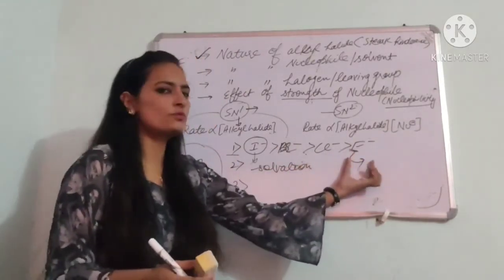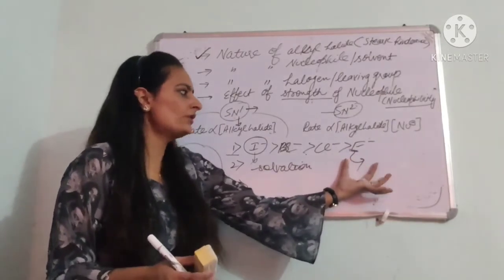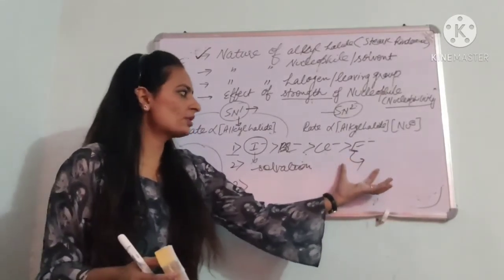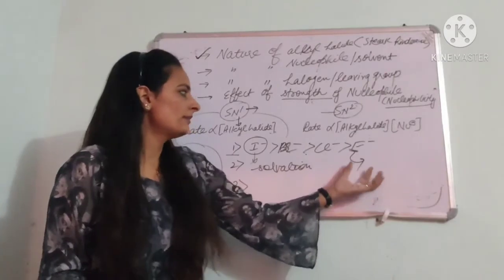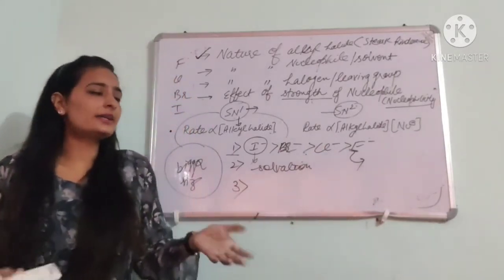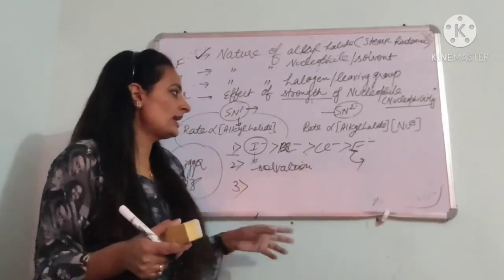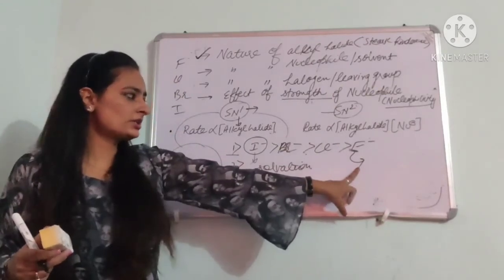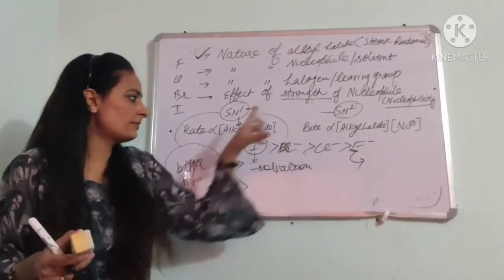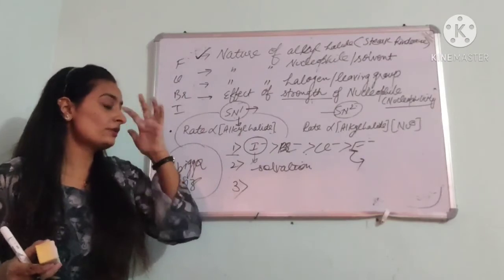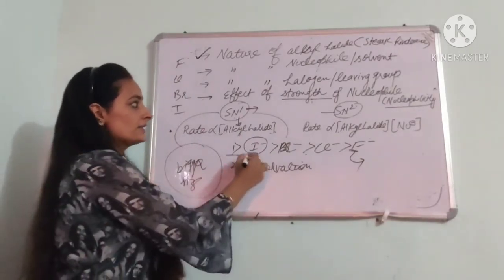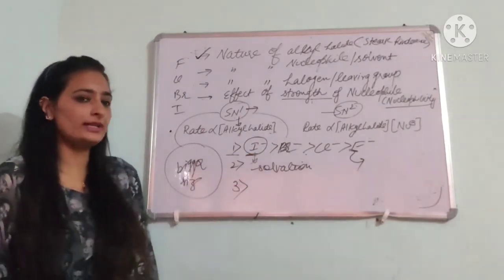F negative, being smaller in size, is highly solvated, that is, it forms bonds with the water molecules. Before reaching the alkyl halide, it needs to break those bonds. So the high solvation energy of F negative as compared to I negative is also one of the factors why I negative is the better nucleophile.